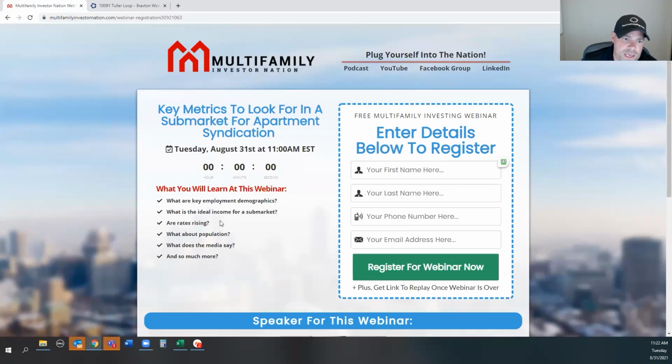So we've gone over the key employment demographics at a very high level. What are we looking for? We're looking for that economic diversity. We're looking for some blue chip companies. Are we seeing some of the big names that you know in the local economy? And what is the ideal income for the submarket? That's over three times your average rents.